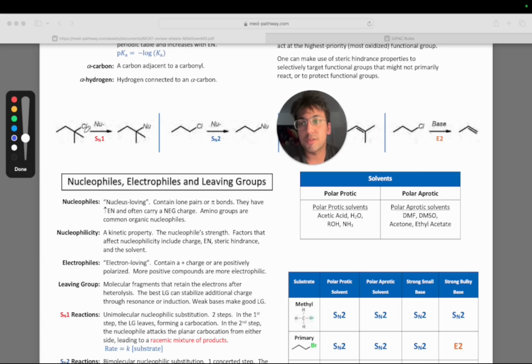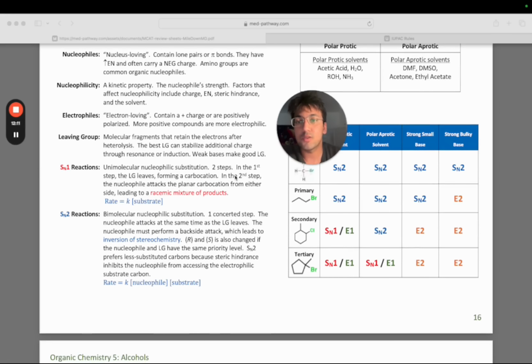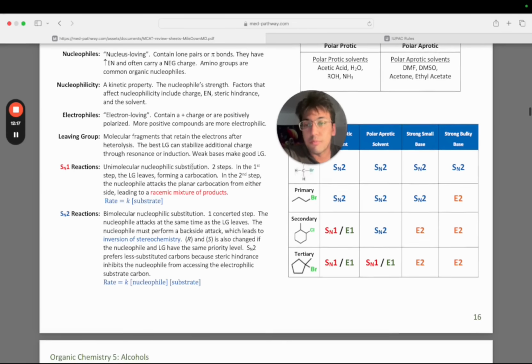And the reason for that is because in an Sn2 reaction, all of this is happening in the same step. So you're not stuck with a carbocation for too long. It's just all going to happen in one step. Versus here, you're stuck with this carbocation for a while. And so because of that, this needs to be stabilized by other carbons that are attached to it. All right, so I hope that makes sense why you'll have an Sn1 reaction and why you'll have an Sn2 reaction in different types of molecules.